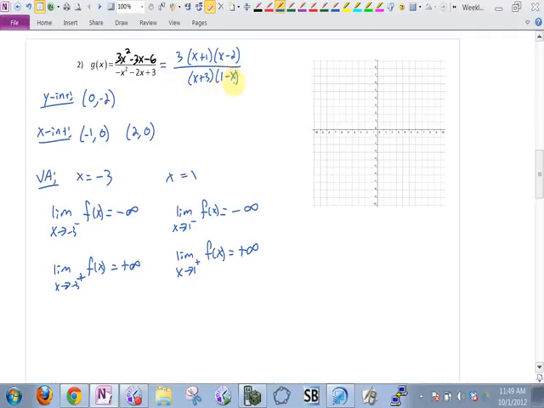When I plug in the number to the left of 1, like 0.9, 1 minus 0.9 is positive now. So you end up with a negative on top, a positive times a positive on the bottom. It's still a negative divided by positive, which is negative infinity. I think maybe you were still treating it like x minus 1. I think I just messed up. Yeah, probably. But no, you can totally write it as 1 minus x, and it's guaranteed you're going to get the same behavior.